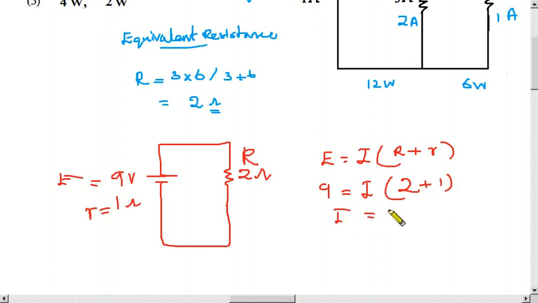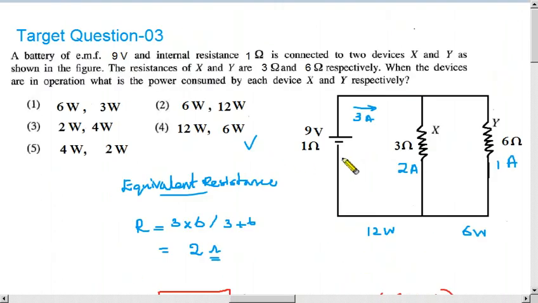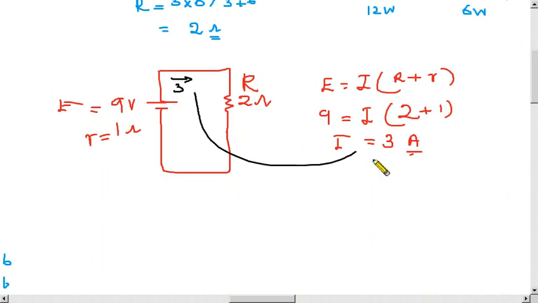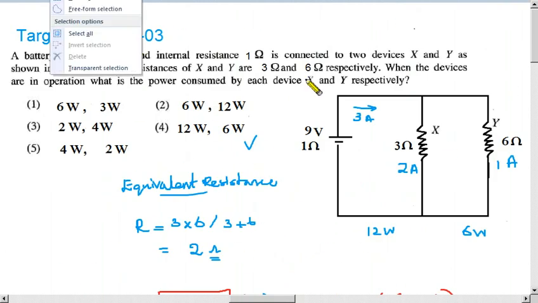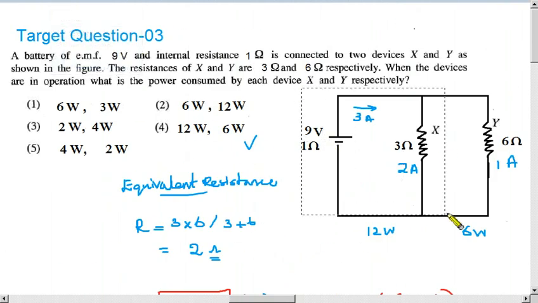I equals 9 divided by 3 is 3. So the current we know now is 3 ampere. Now we have to find the voltage. If you don't like this ratio method, let's find the voltage, IR, 6. So now let us go back to the original diagram.